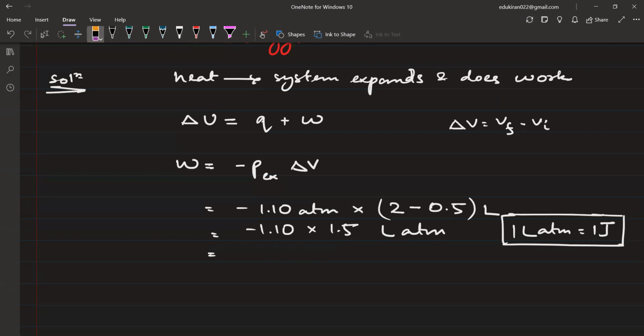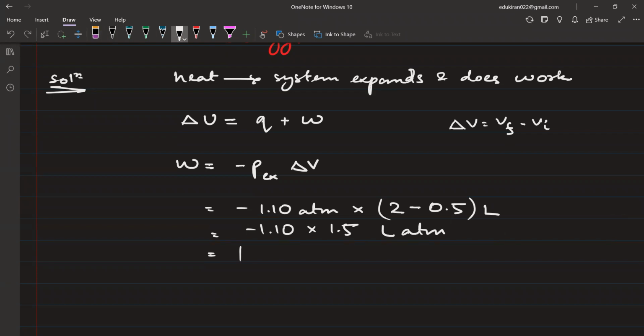Just a second. This is 1 liter ATM. इसको आप बता दीजिए please. 1 liter ATM is equal to somewhere around 100 joules.